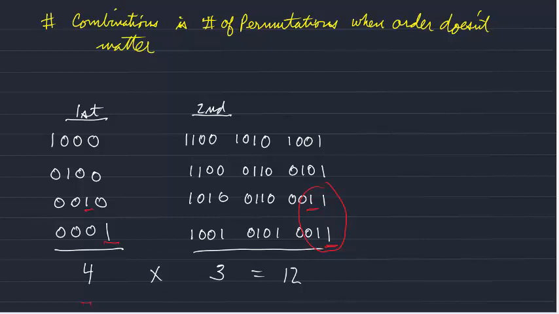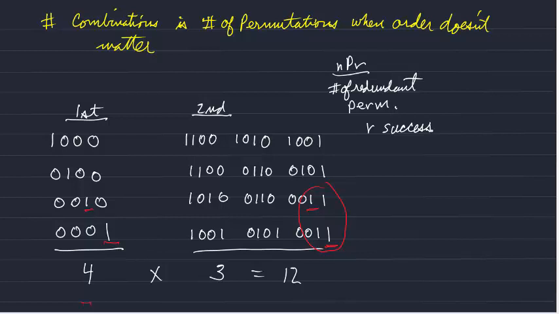So we derived NPR, and we have to divide that by the number of redundant permutations. And in this case it was 2. So how do we figure out the number of redundant permutations, for example, for R successes?